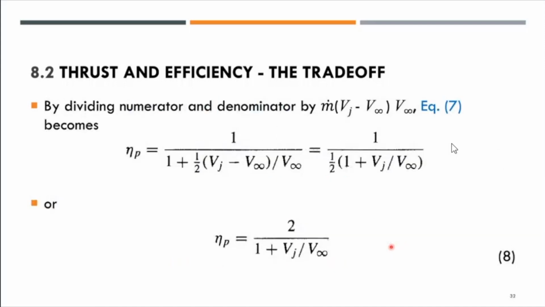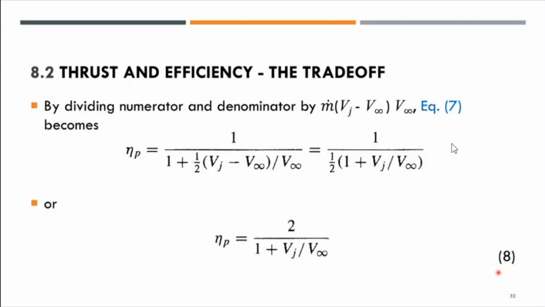Now we want to divide the numerator and denominator by this element: m dot times (Vj minus V infinity) times V infinity. Then it can be simplified. Equation 7 can be simplified to become this expression: zeta P, the propulsive efficiency, equals 2 over (1 plus Vj over V infinity).